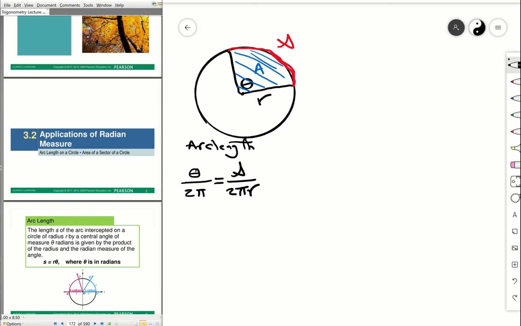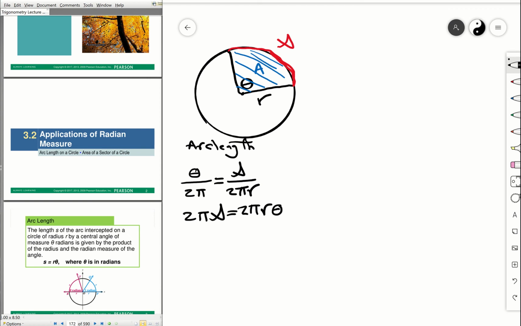Now if we do a simple cross multiplication here for this proportion, we get 2 pi s is equal to 2 pi r theta. So this times this equals this times that.